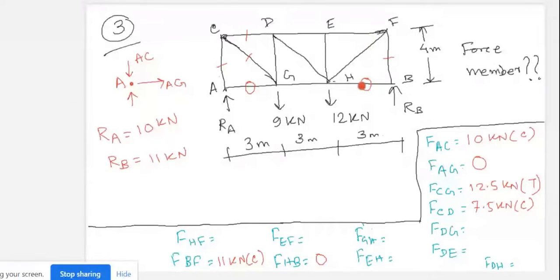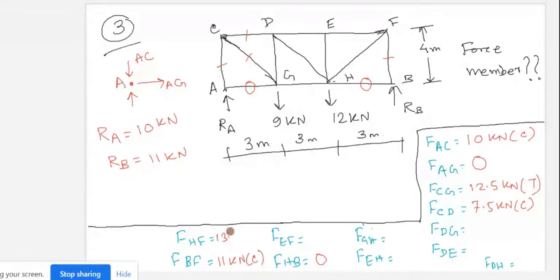So two forces, two equilibrium equations. Sir, FHF is 13.65 kilonewton.